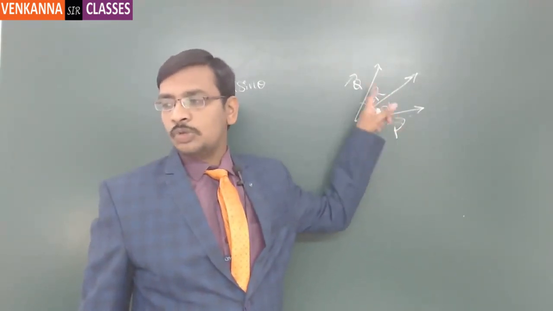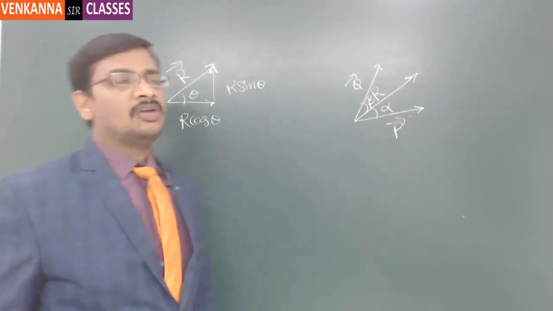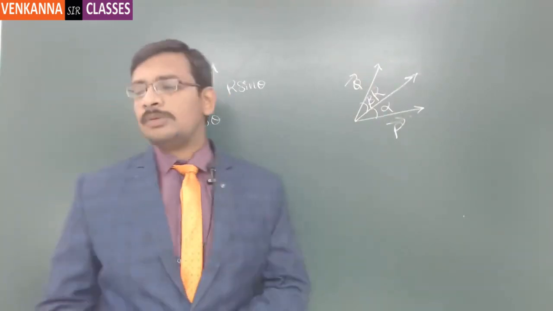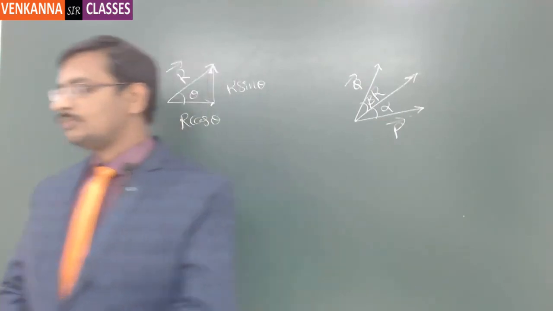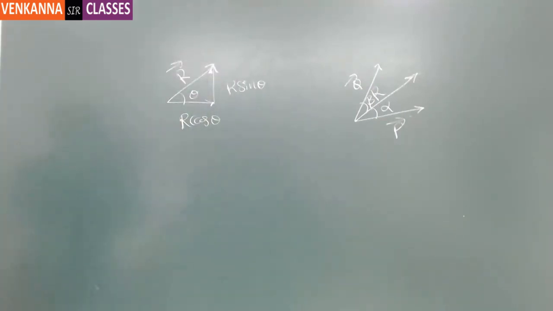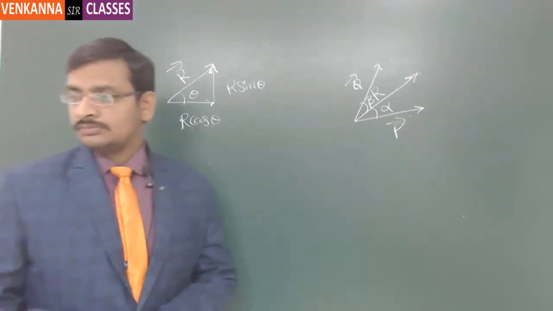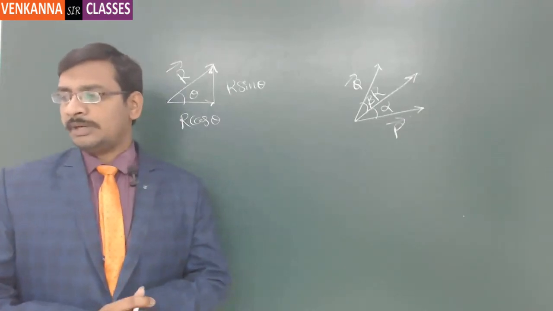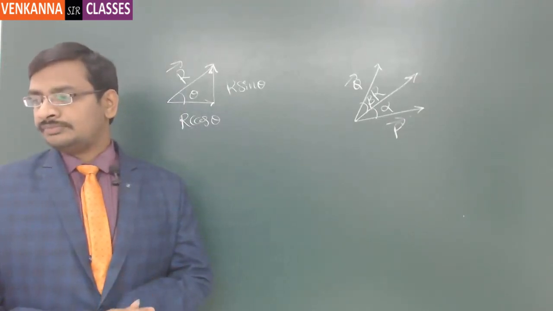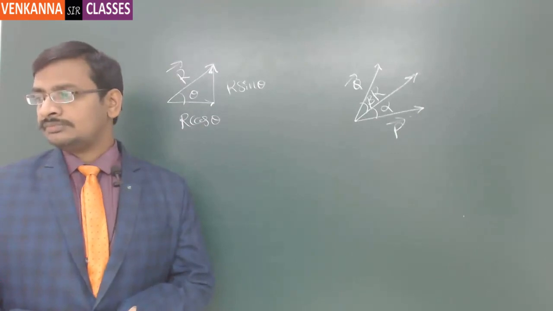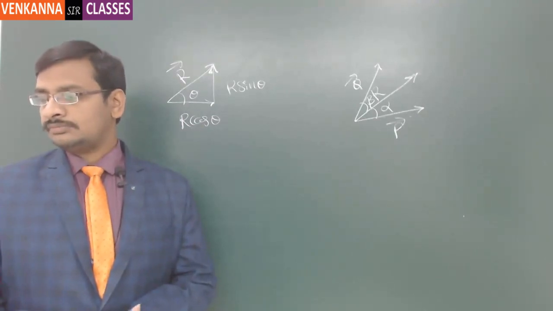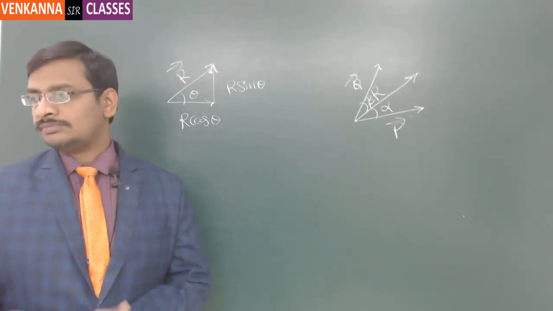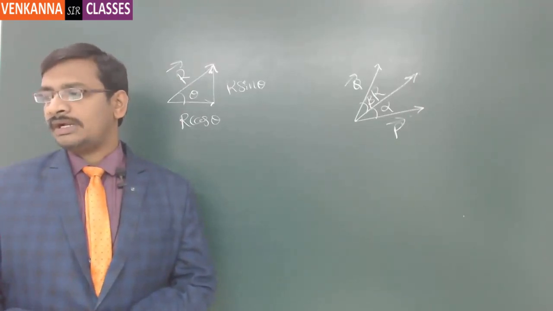So their sum should be equal to r. Can somebody give me an idea how we can approach this kind of problem? Anybody? Any idea how we can solve this?